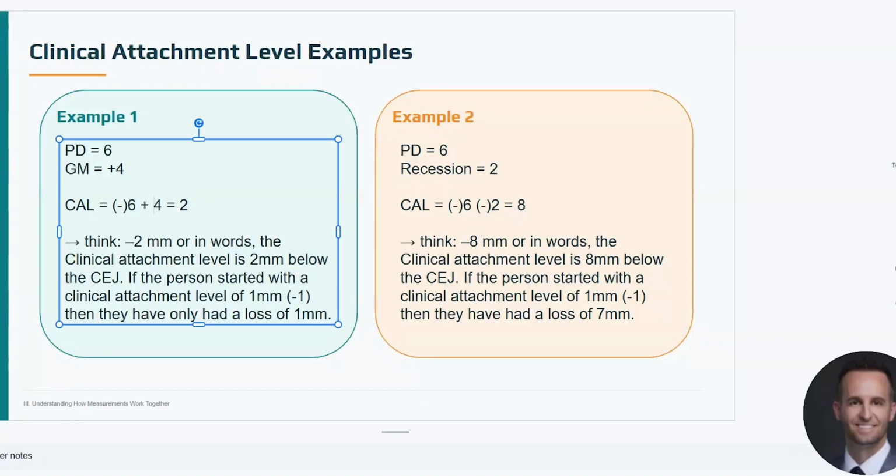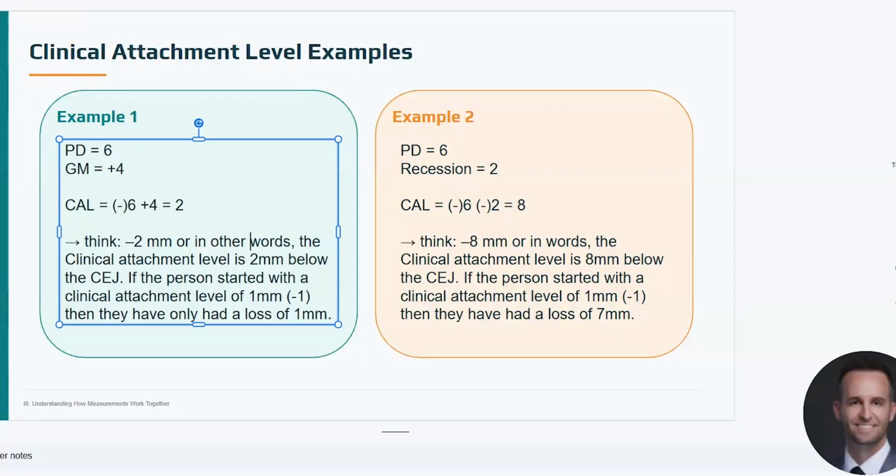We're going to add the 4, and we're going to get a 2. -6 plus 4 is 2 millimeters, or our clinical attachment level is going to be at 2. Now, like I said earlier, the clinical attachment level is also a negative number. So there's an invisible negative sign here. So we're getting a -2 millimeters, or in other words, the clinical attachment level is 2 millimeters below the CEJ.